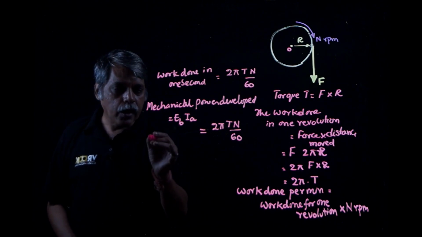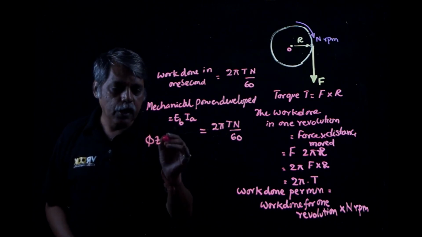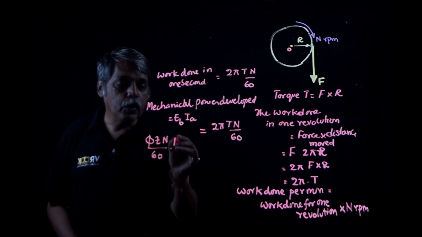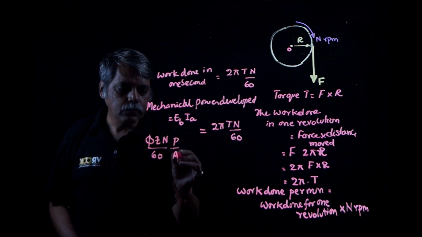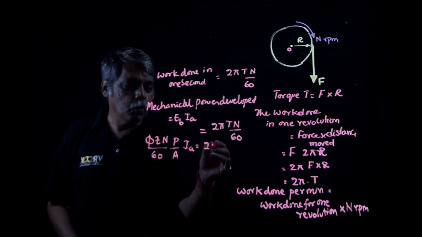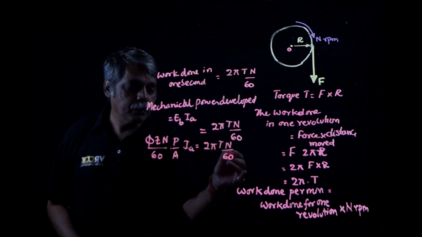Now this back EMF is also an induced EMF. Therefore, I can write the expression for the back EMF as phi Z n upon 60 into P over A, multiplied by IA. This is equal to 2 pi T n upon 60.